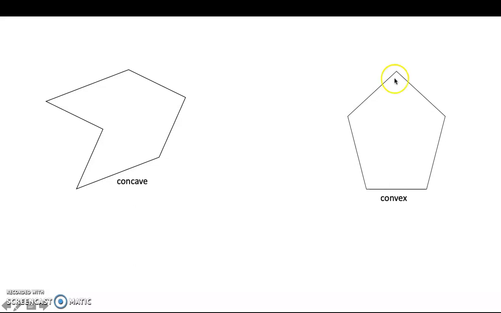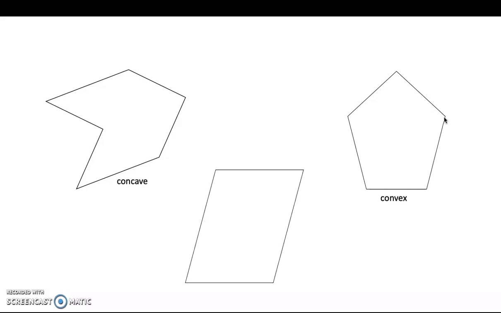This point and this point, this point and this point, this point and this point. When we connect those pairs of points, we will have some diagonals. And we can notice that all the diagonals of this polygon are inside the polygon. So that makes it a convex polygon.